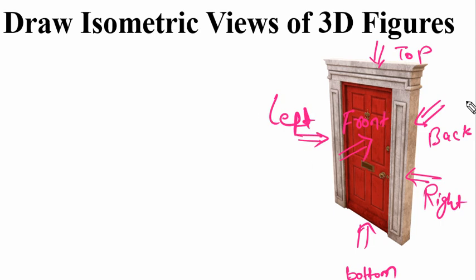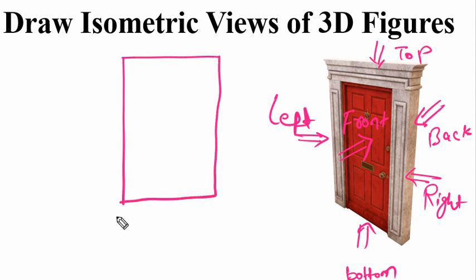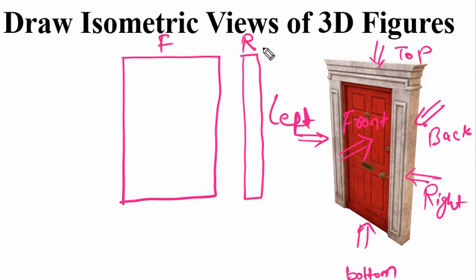So what will the front view look like? If you see from this side, the view will be a rectangle shape of this type. But if you look from the right, then it will be only like this. This is from front and this is from right.